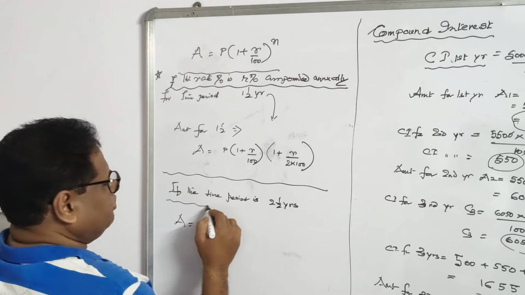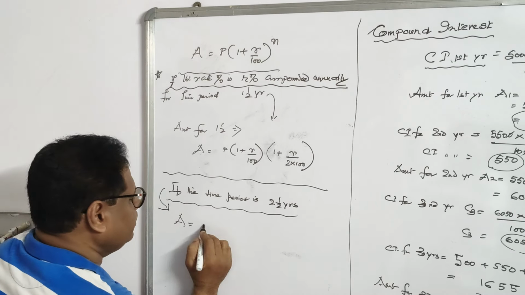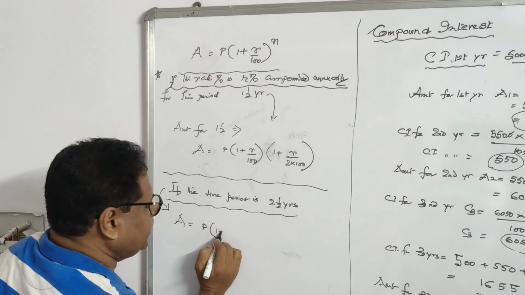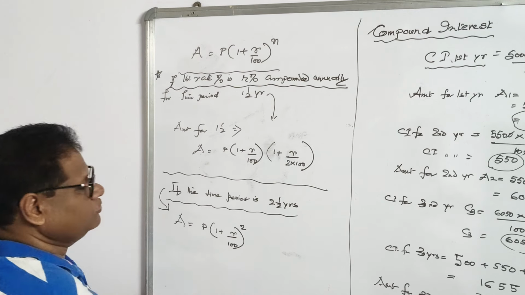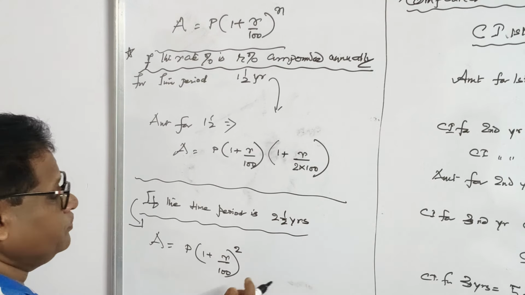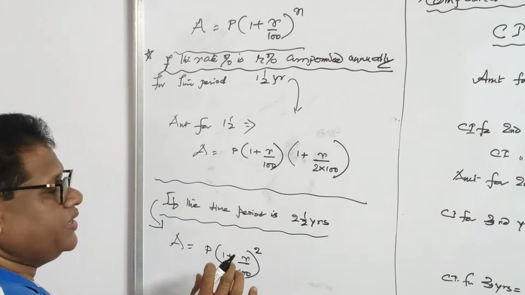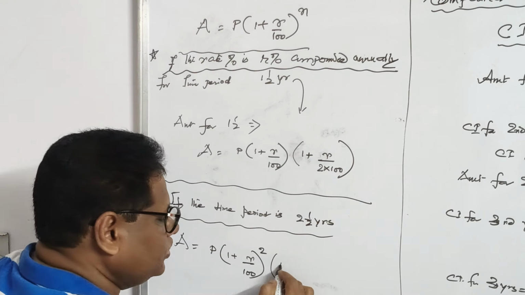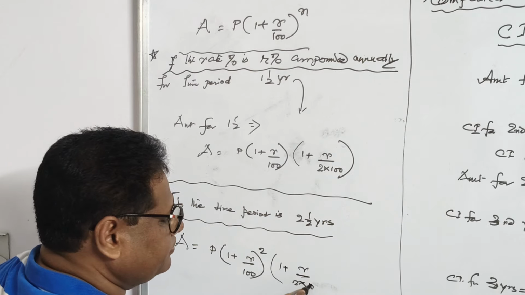Now, if the time period is 2.5 years, okay, the amount will be P into 1 plus R by 100 squared. That means the whole number is 2 years, fractional number is half year. So this will be the principal for the following period. That means for half year. So it will be 1 plus R by 2 into 100.